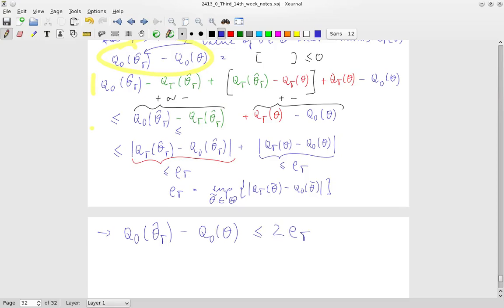But what we also already saw up there is that twice rho t is less than rho of epsilon.